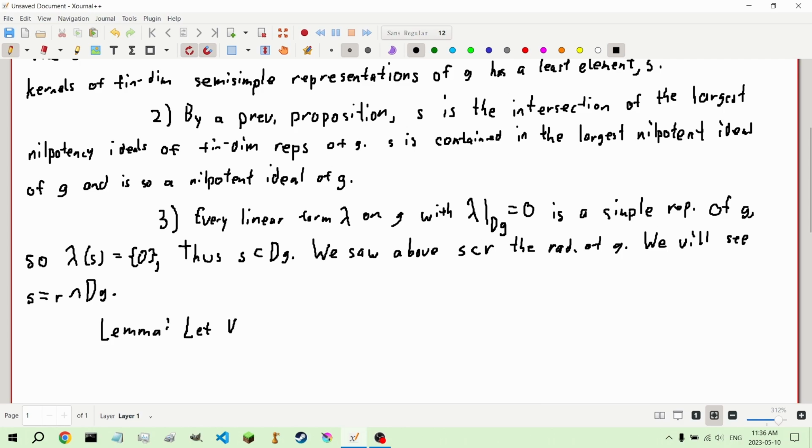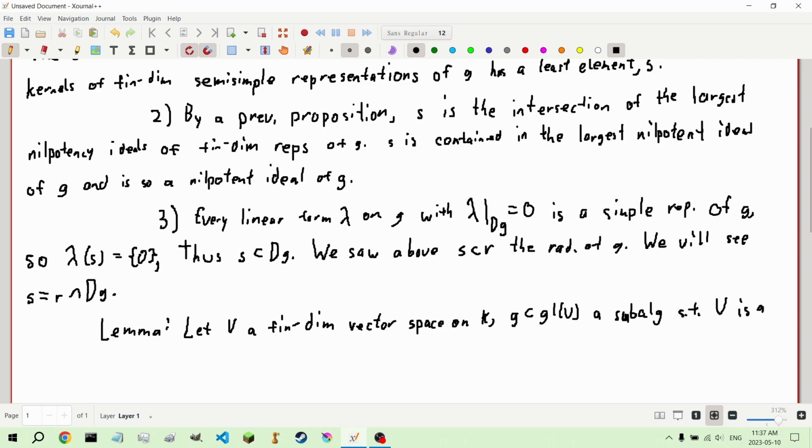Let V be a finite dimensional vector space over K. G in GL(V) a subalgebra, so this is a linear algebra, such that V is a simple G module.